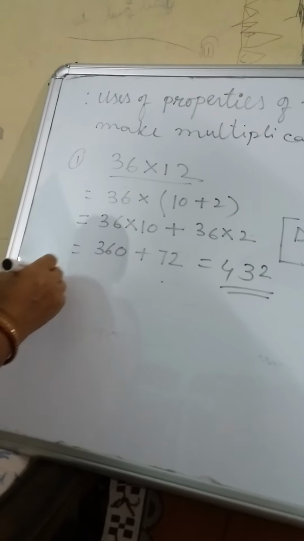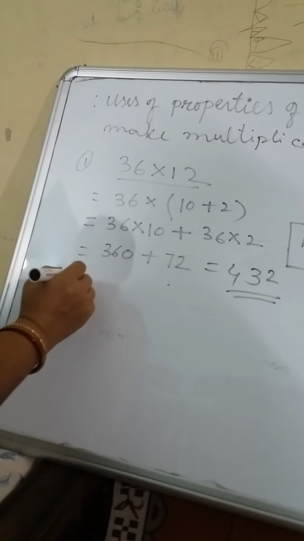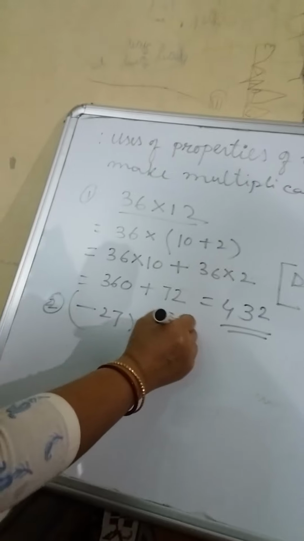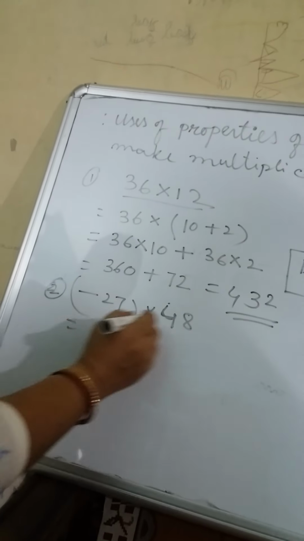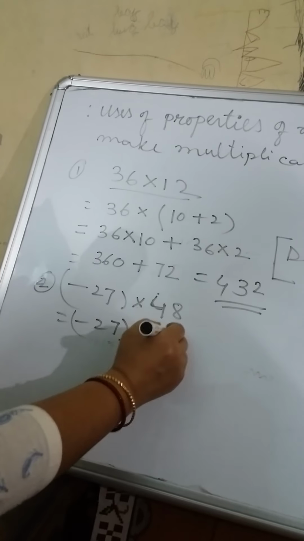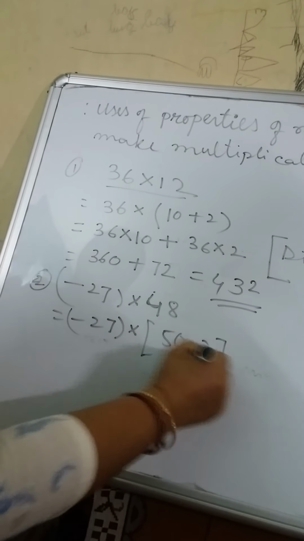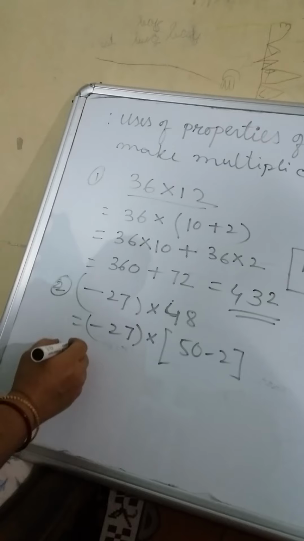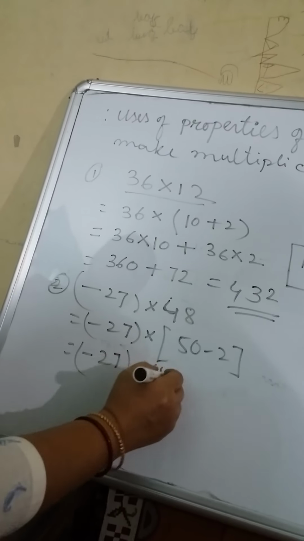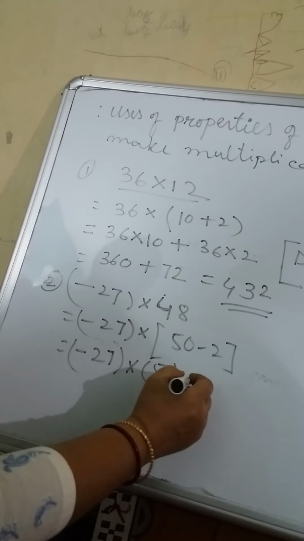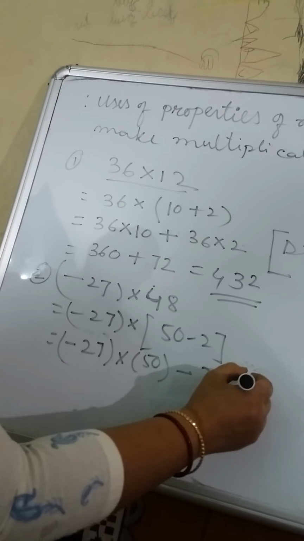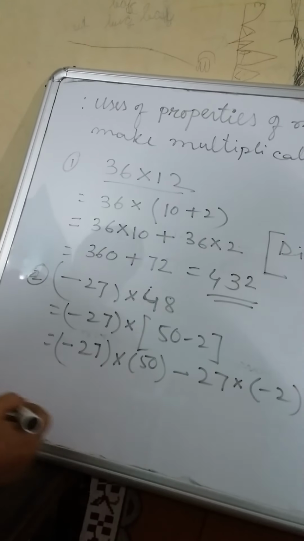Say you have to multiply minus 27 into 48. Now this 48 I can write as 50 minus 2. Okay. So this means minus 27 into 50, plus minus 27 into minus 2.